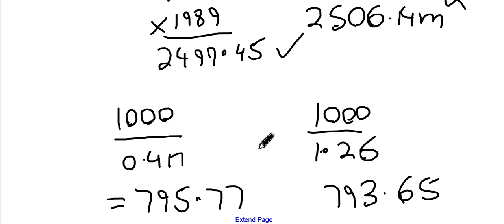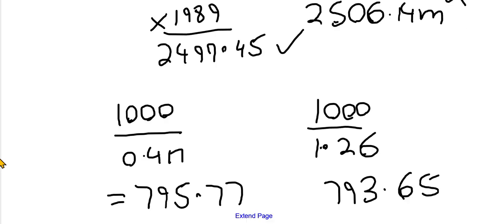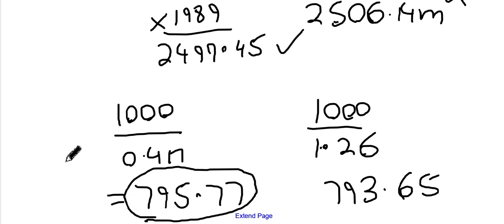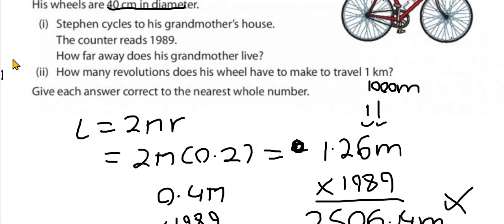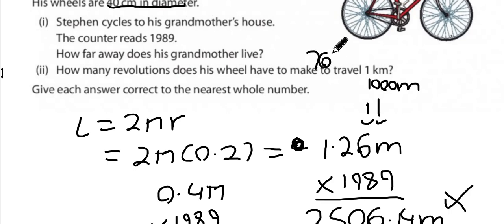Repeated fraction. Repeat 6666. Is everybody cool with that? Okay. The more accurate number is 795 or 796 rounded. 796, wasn't it? Okay. Alright, guys.